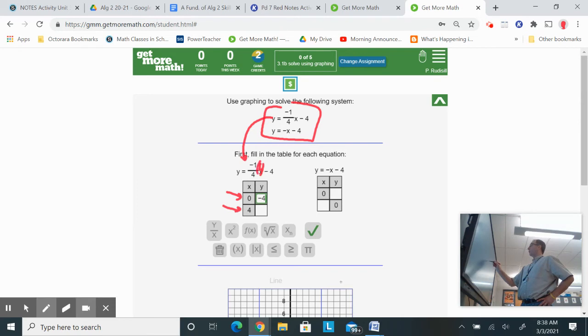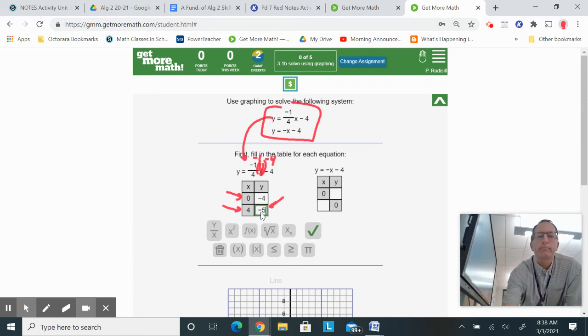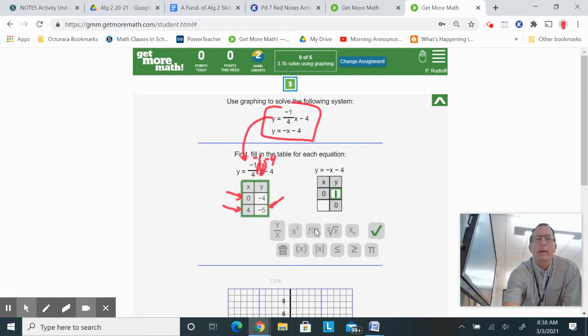Negative 1/4 times 4 ends up being a negative 1. And negative 1 minus 4 is negative 5. So I'm going to put that answer right in here. So negative 5 will go in here. Hit the green check, and I did it correctly, so it gives me a green box.